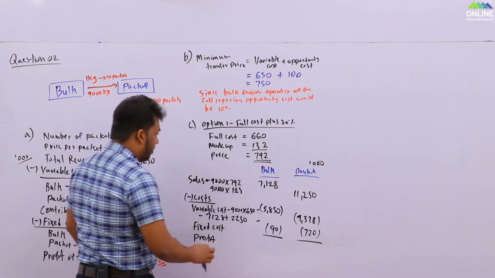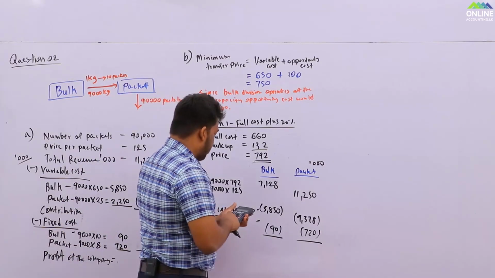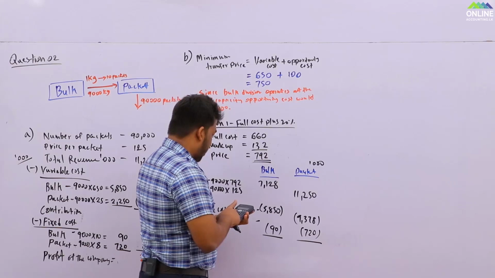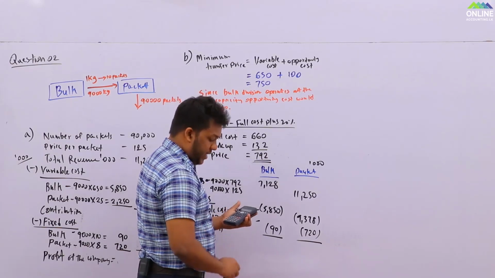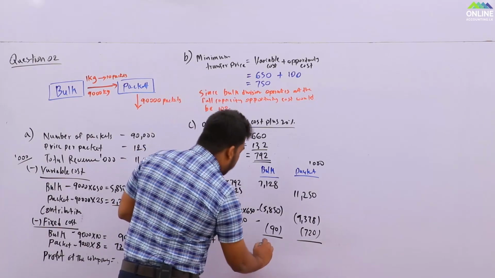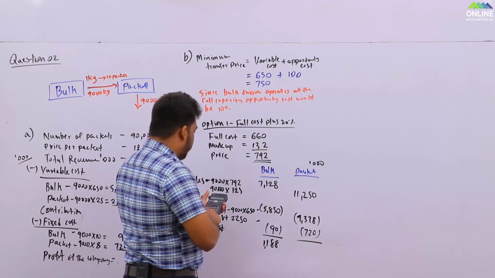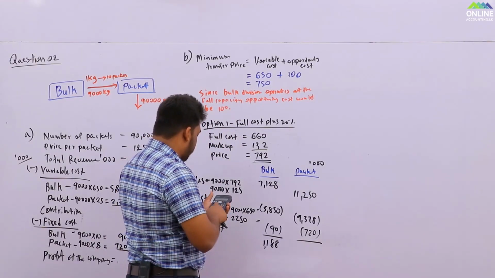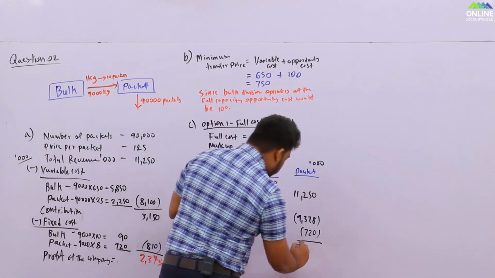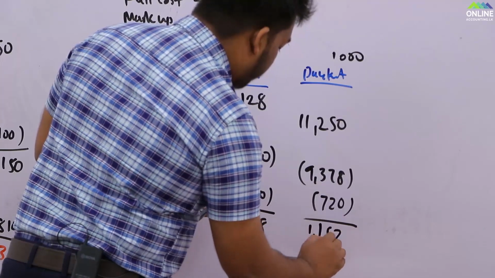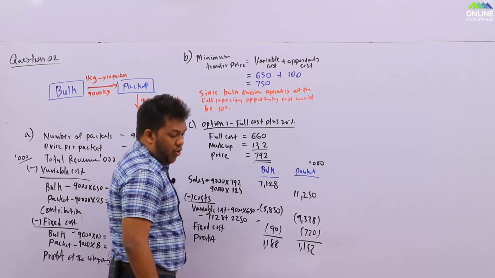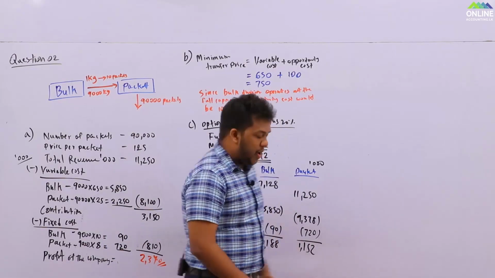Profit means actually the operating profit. 7128 minus 5850 minus 90, that is 1188. Then 11250 minus 9378 minus 720, 1152.